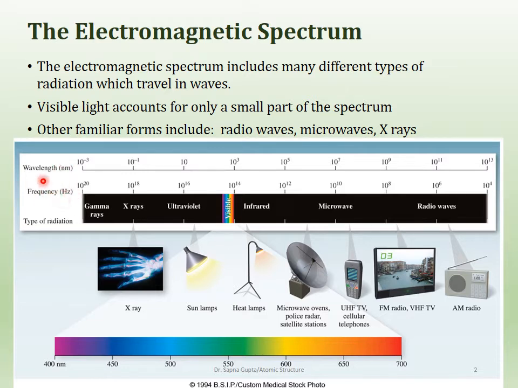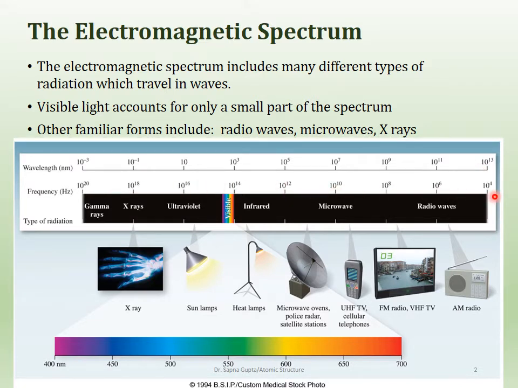Frequency is 1/nanometer, but it's still called hertz, and actually it's not 1/nanometer. We'll talk about that. But anyway, frequency here is going in the opposite direction of the wavelength. So as the wavelength is increasing, the frequency is decreasing.